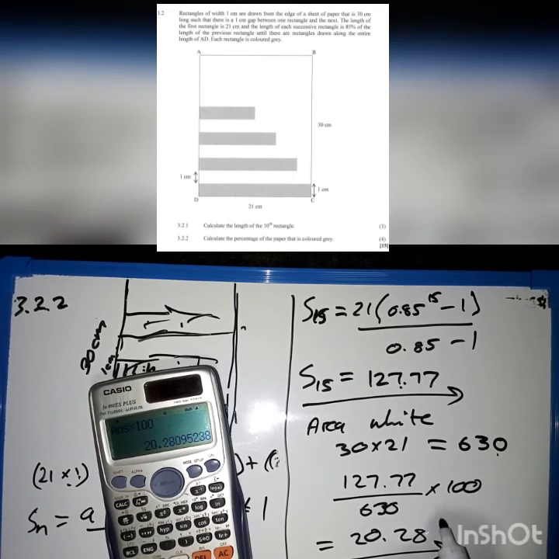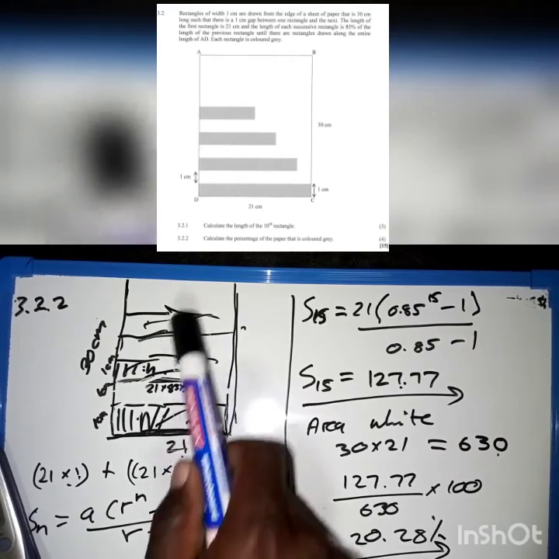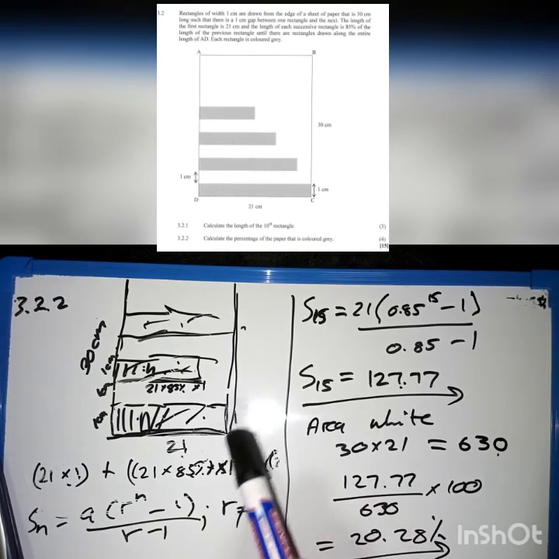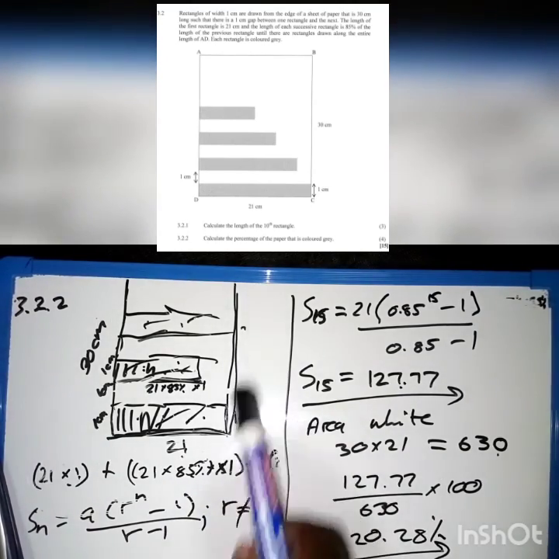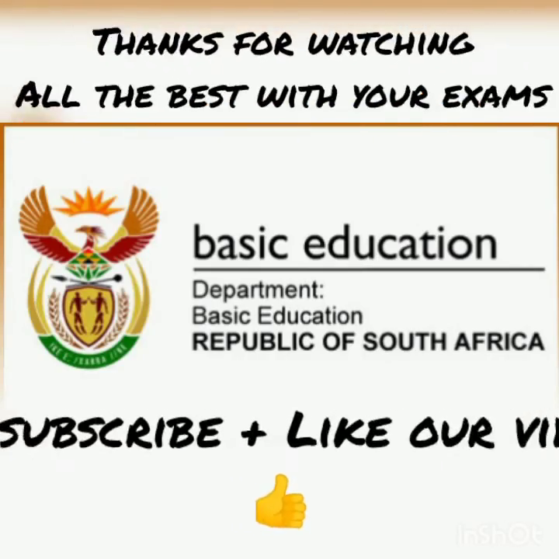That will be the final answer. So basically you have to calculate the area of the gray blocks using the pattern and the series formula, then take this divided by the area of the white sheet and times it by 100 to get your percentage.